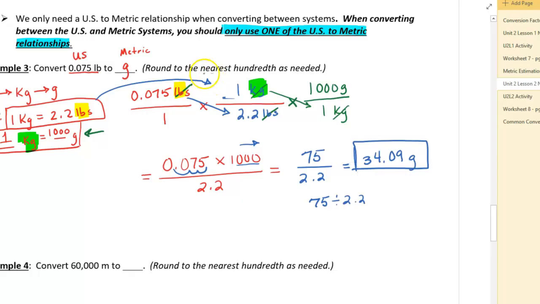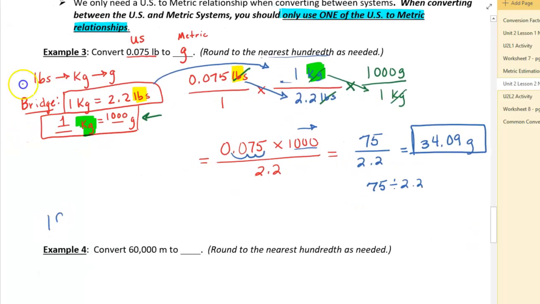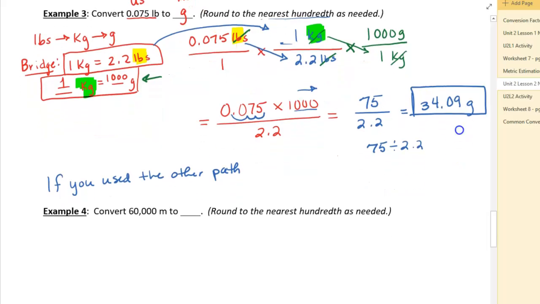And I was asked to round to the nearest hundredth, which is why I cut it off at 2 decimal places. Now, if you had used the path, remember, that would go from pounds to ounces and then to grams, the answer you would have gotten would have been 34.02 grams.